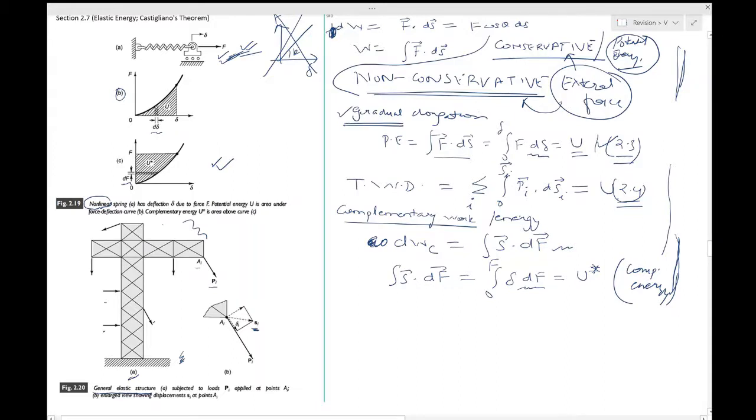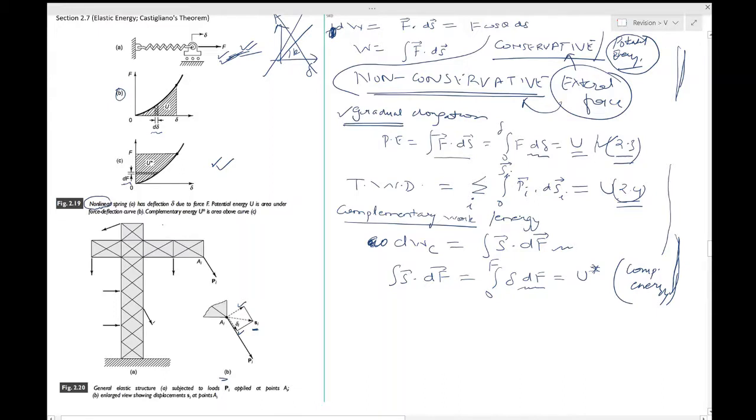Okay, now please come back again to this general elastic system. To facilitate the calculation of complementary work, we show in figure 2.20b the displacements delta I decomposed into components parallel and perpendicular to P I. So this delta I as a vector has a component parallel to the applied force and perpendicular to the applied force.